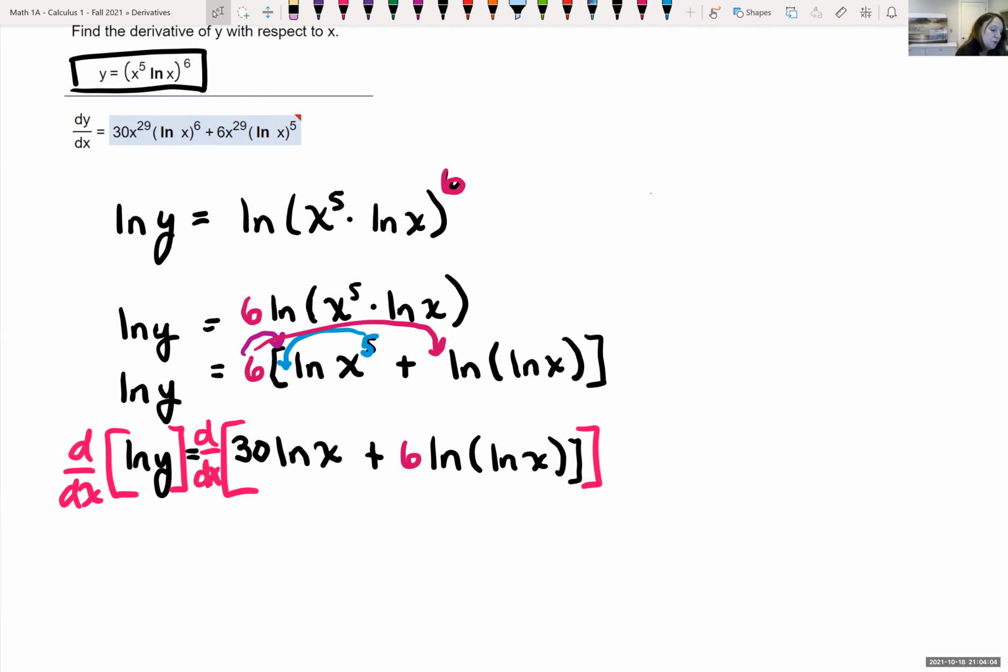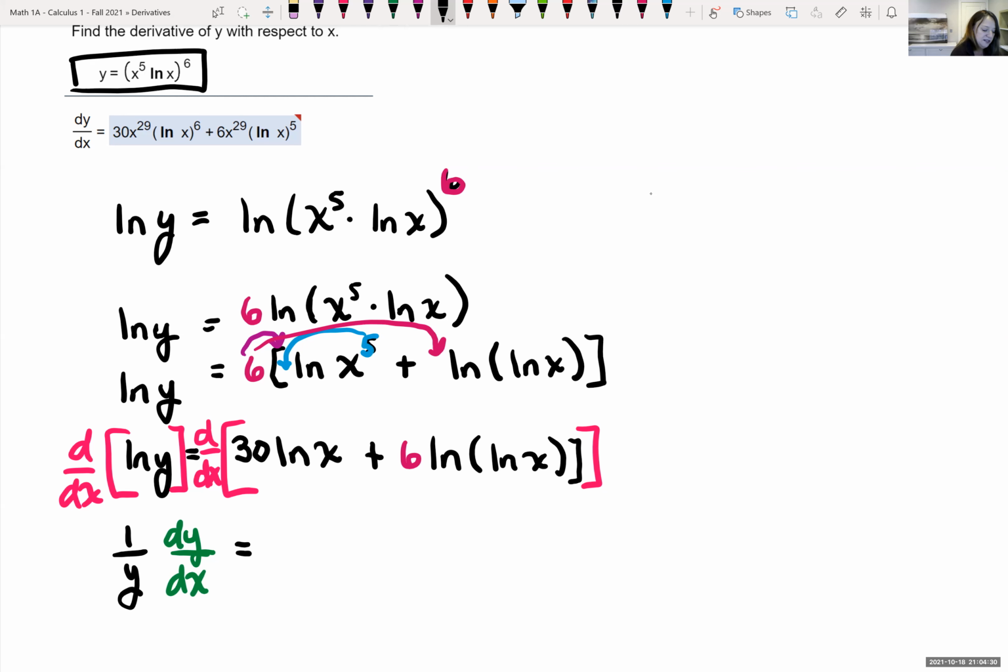So this is going to be 1 over y times the derivative of the inside, and that would be dy dt. Oops, I'm so used to saying time. This is actually in terms of x in that last section, so dy dx. Equals, so now let's take the derivative of each piece.